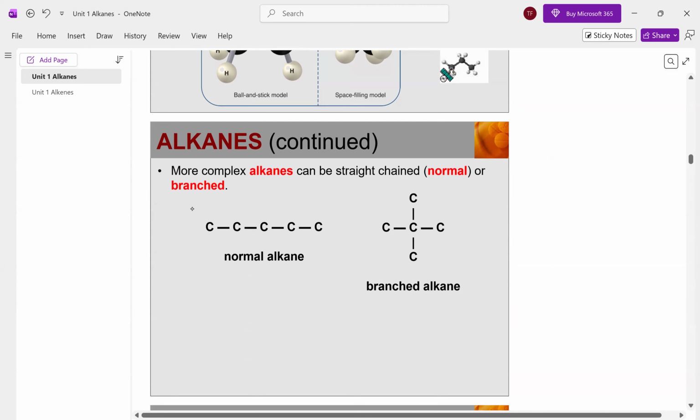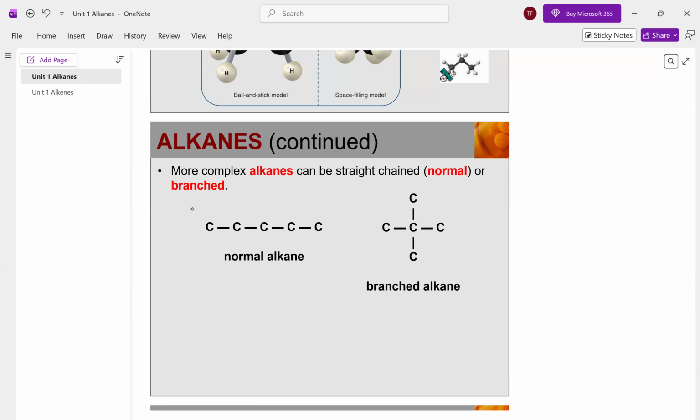Now, this is where it gets interesting. We can have a straight chain carbon backbone. And when I say backbone, we're going to get into what a backbone is and what a branch is in a minute. The backbone has the most carbons and includes the functional group. Now with alkanes, the functional group is a hydrogen, which is sort of not a functional group, but anyway.